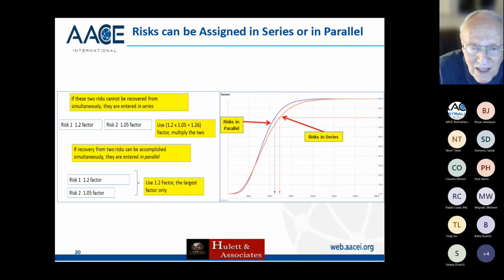This is just something that says that the risk can be entered in series or in parallel. If they're entered in series, the top one, a 1.2 factor and a 1.05 factor, they're multiplied together to get a 1.26 multiplier for that particular iteration. Now, you can think about some of these activities with some fairly high probability risks occurring, and maybe you've got 6 or 7 risks affecting one activity.